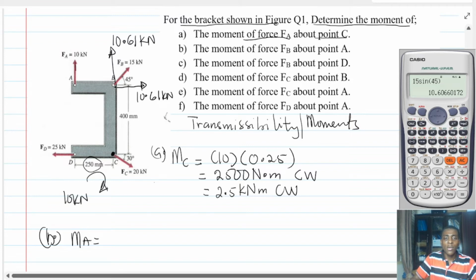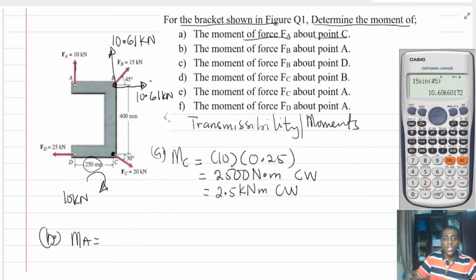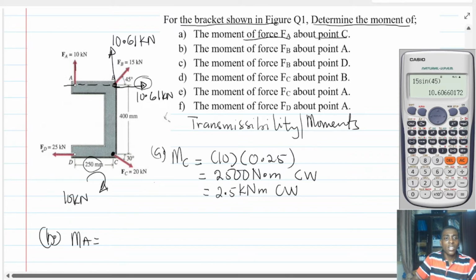So if I want to find the moment about point A, this horizontal force, the line of action passes through the point. Do you see that? The line of action of the horizontal force passes through point A. Therefore, the moment of the horizontal force is zero. The moment of a force about a point on its line of action is zero.